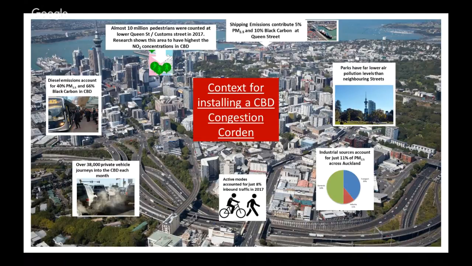We have 38,000 private vehicle journeys into the CBD each month, and diesel emissions account for 40% and 60% of black carbon in the CBD. And around 10 million pedestrians were counted in 2017 as an estimate.